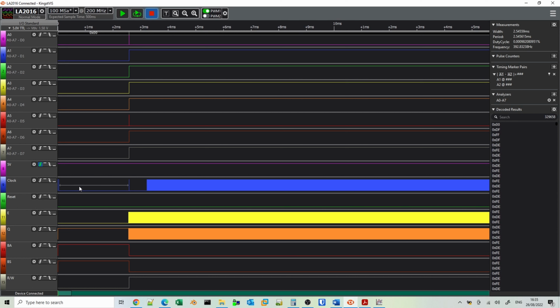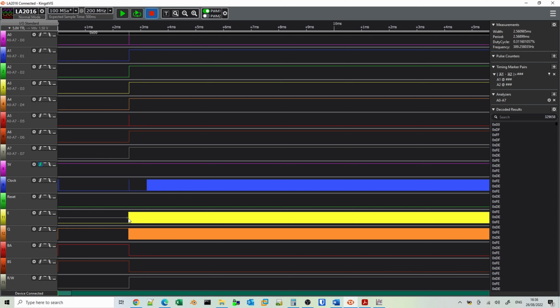We can see here that the clock signal is only showing in the logic probe as doing something at this point in time, and if we look on the top right hand side here for the frequency, in the early stages it's showing as only 1 megahertz, but then a little bit later on it's now showing as 4 megahertz. So there's a period of time for the clock to stabilize after power on.